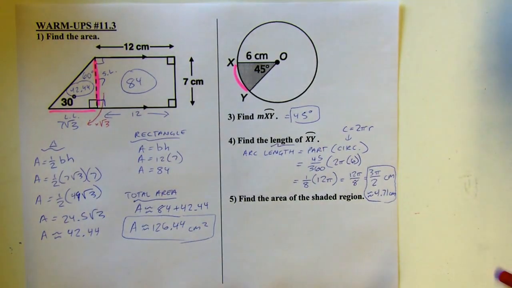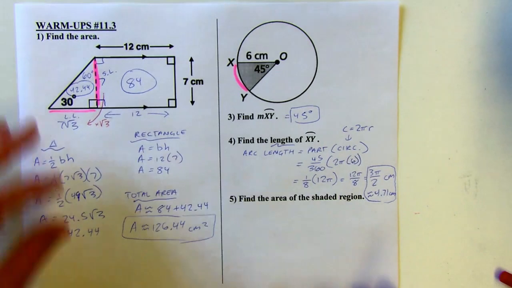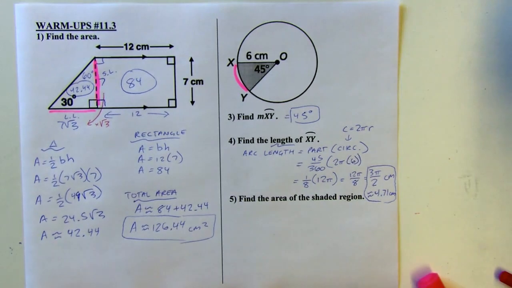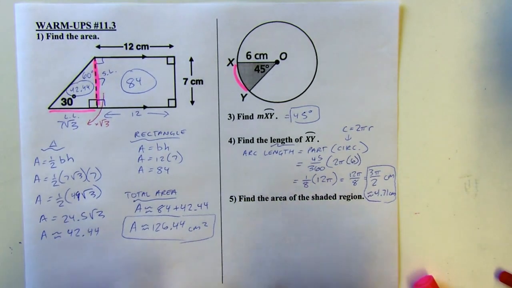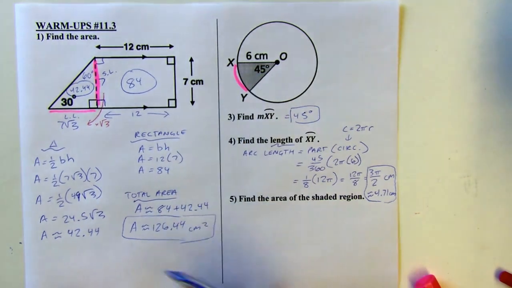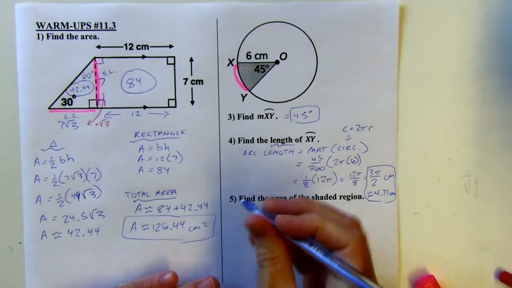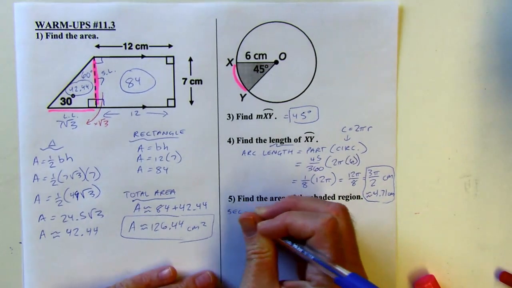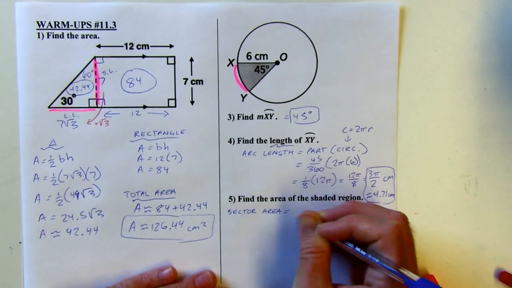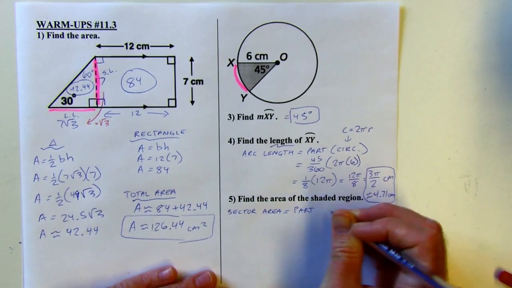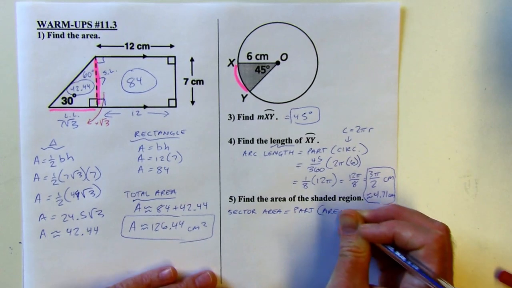Okay, so next up, let's find the area of the shaded region. So it works in a similar way to arc length. This is called a sector, the actual piece of pizza, the shaded piece there. So sector area is going to be part of the entire area of the circle.